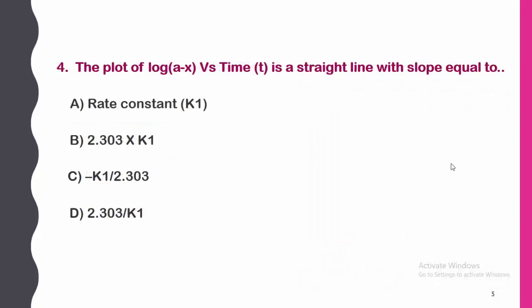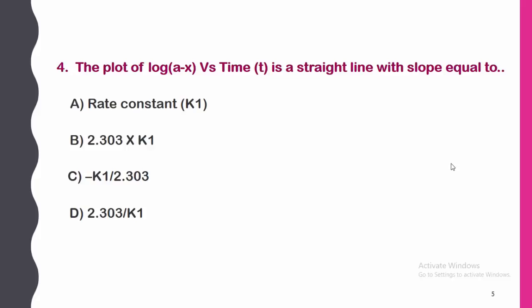The plot of log a minus x versus time t is a straight line with slope equal to what? Here we have to consider a graph plotting log a minus x versus time t, with log a minus x on the y axis and time t on the x axis.